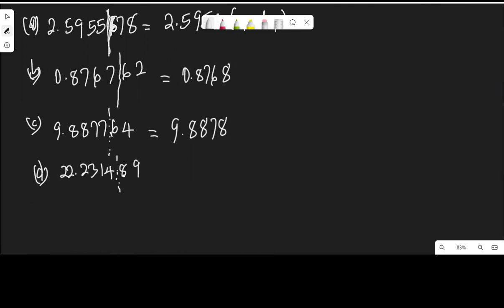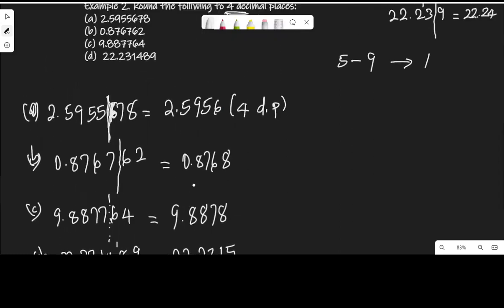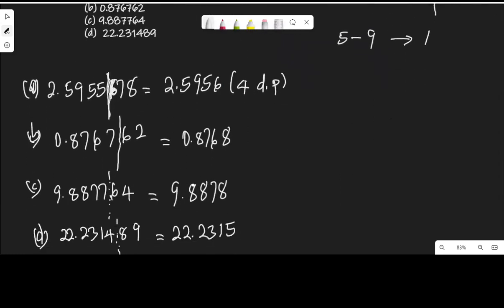The next digit to that line is 8. 8 will round to 1. Then we add the 1 to 4. So we have 22.2315. The 8 here rounds to 1, and 1 plus 4 is 5. That is that for question D, as in example 2.